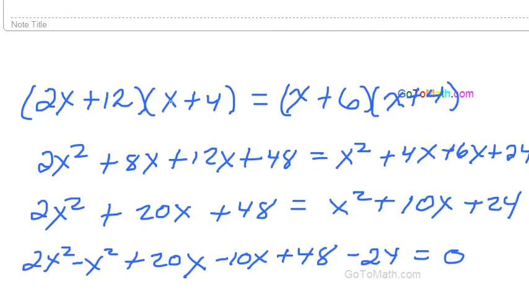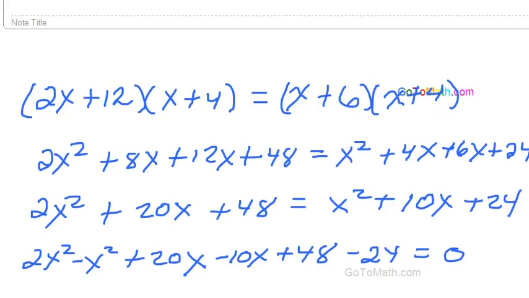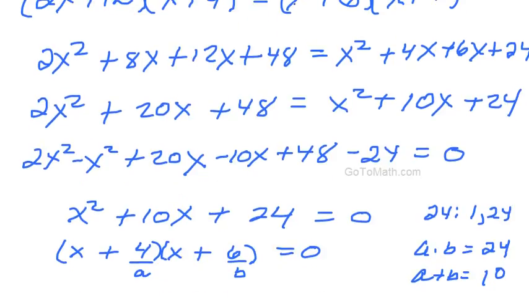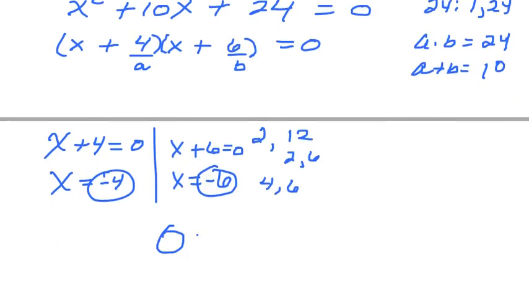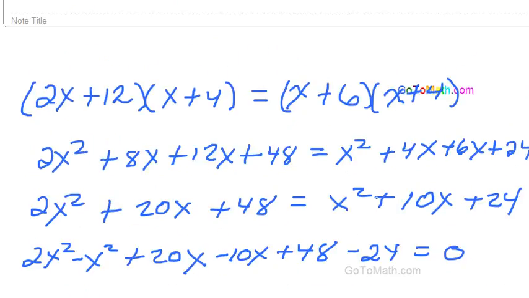If you plug negative 4 in up here, obviously you get 0, right? 0 on this side. Plugging negative 4 in here, you get 0. 0 is equal to 0. Plug negative 6 in, you get 0 is equal to 0. What happens when you get 0 is equal to 0? I guess that's the question. So this is a funky problem, it seems like.